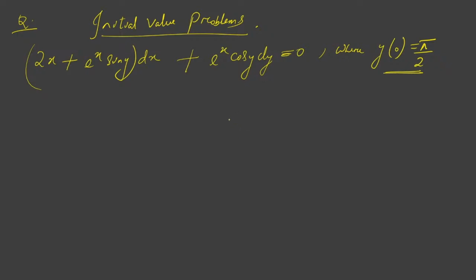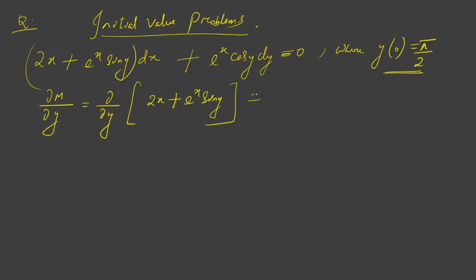So first let us see whether it is an exact equation or not. So del M by del y is equal to del by del y of 2x plus e to the power x sin y. So del by del y of 2x is 0. So del by del y of e to the power x sin y: e to the power x is constant, the derivative of sin y is cos y.